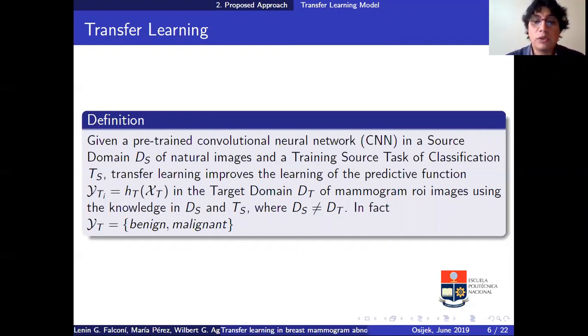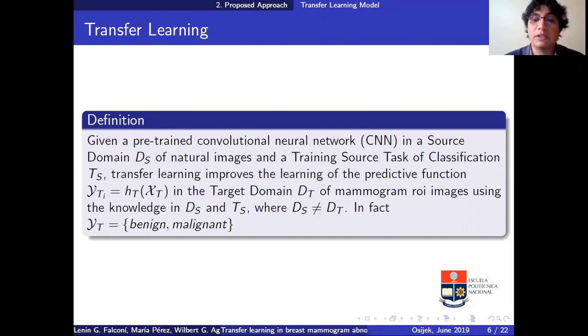Transfer learning helps to improve the predictive function of a target domain, which is the mammogram images, using the knowledge that we have in the pre-trained neural network and transferring it to the target task and the target domain.